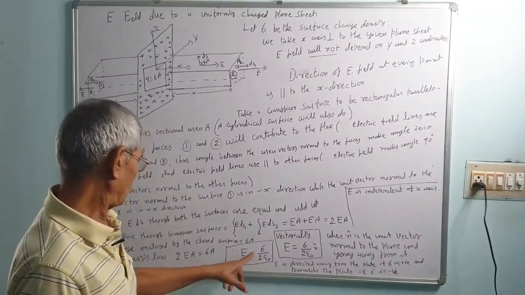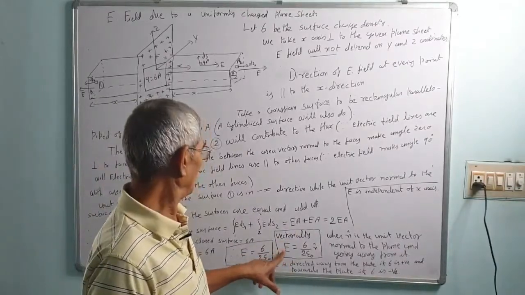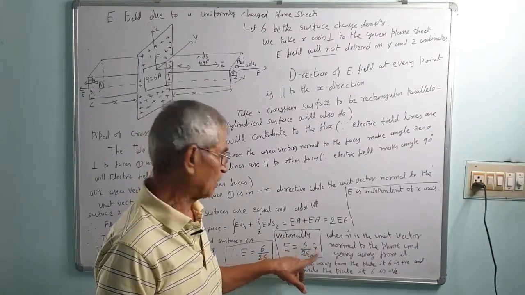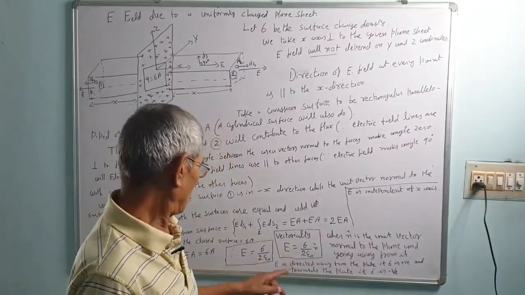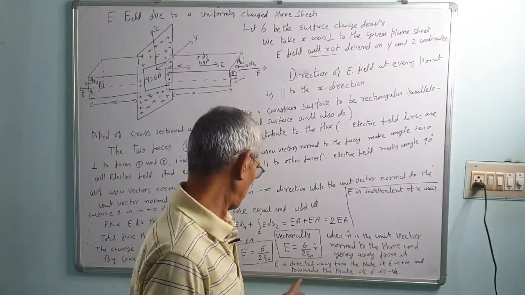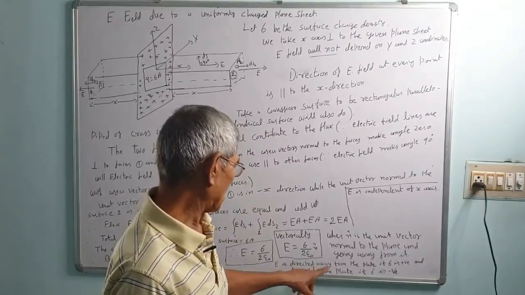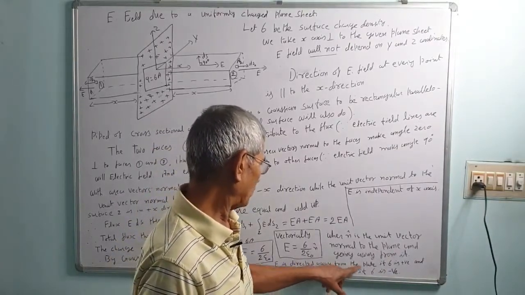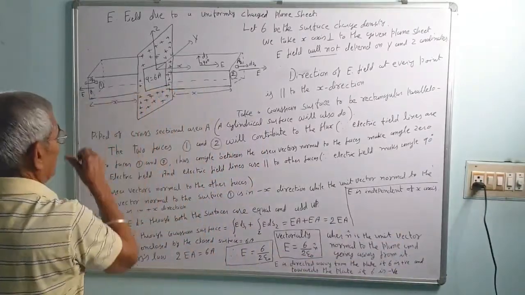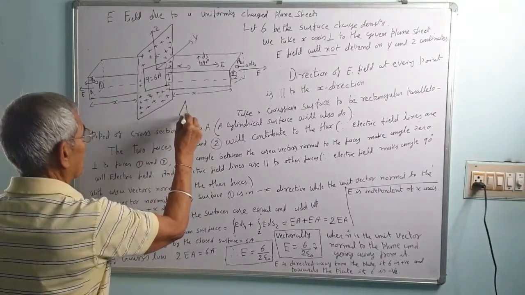So E is equal to sigma upon 2 epsilon naught. Vectorially we can represent it as E equals sigma upon 2 epsilon naught times unit vector n. The unit vector n is the unit vector normal to the plane and going away from it.